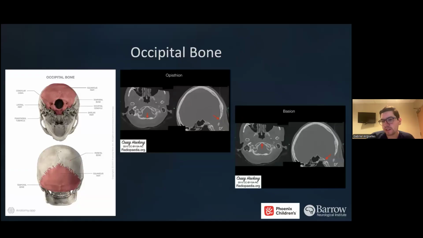So on this first slide, we're just going to talk about the occipital bone, the top of our discussion today, the superior aspect of the craniovertebral junction. First, the learning point is that the occipital bone not only includes what we all think about, the back of the skull, but also the clivus, which forms part of the occipital bone.